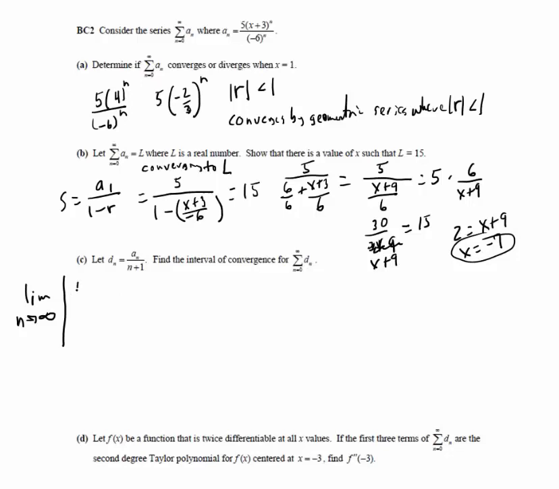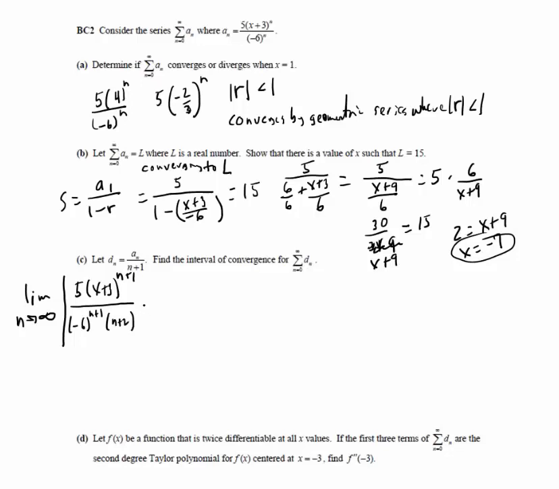So the 5, x plus 3 stays the same. Remember, replacing n with n plus 1, so this exponent that was n up here becomes n plus 1. Over this n on the bottom also becomes n plus 1, so it's negative 6 to the n plus 1. And then this one that's n plus 1, if I replace n with n plus 1 and then add 1, I get n plus 2.